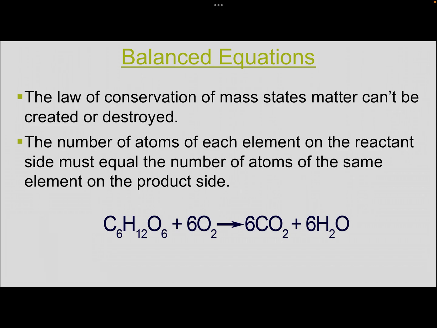The law of conservation of mass states that matter cannot be created or destroyed, meaning that the same atoms that are here have been here for millions of years, and those atoms just get recycled and reused throughout the ecosystems. The number of atoms of each element on the reactant side must be equal to the number of atoms on the product side. This is called a balanced equation.